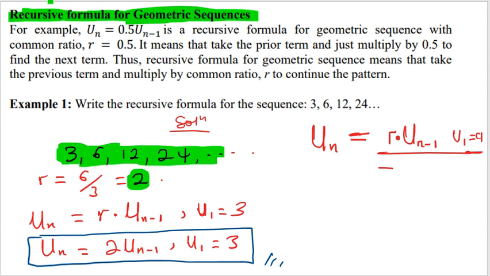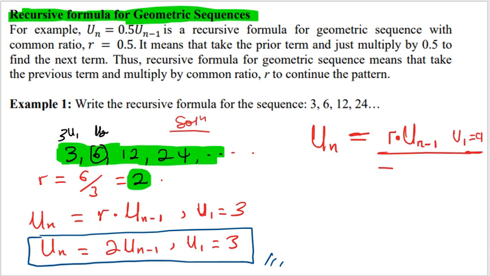Now after you have this common ratio, what you need to do is multiply this common ratio by any preceding term. If I want to find U2, that is 6, I have to multiply the preceding term of U2, which is U1, by the common ratio, which is 3.